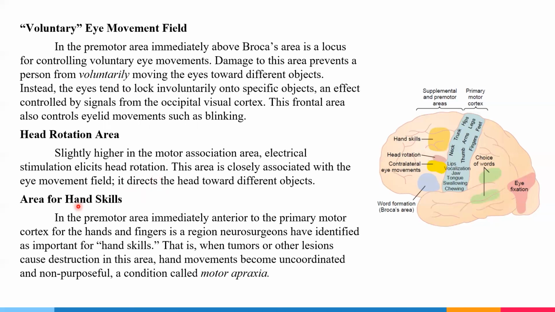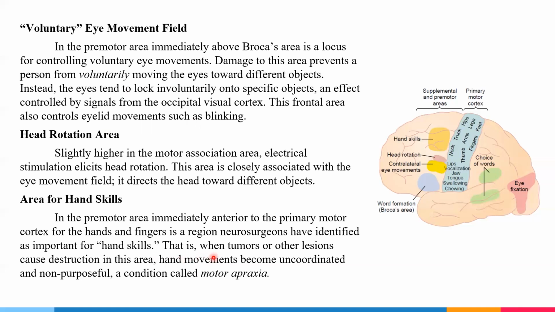And next, the area for hand skills. In the premotor area, immediately anterior to the primary motor cortex for the hands and fingers, is a region neurosurgeons have identified as important for hand skills.